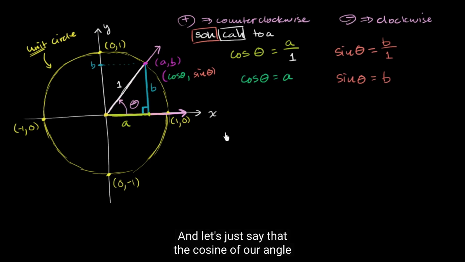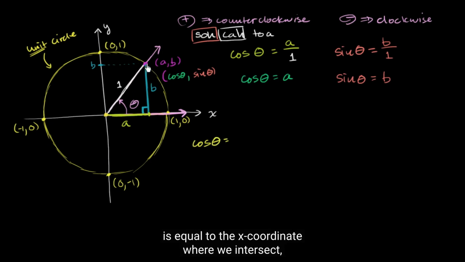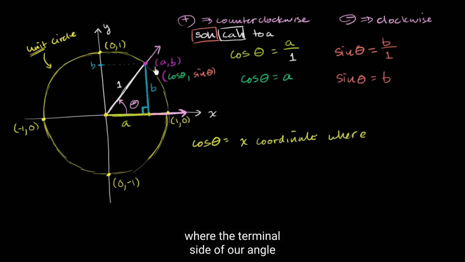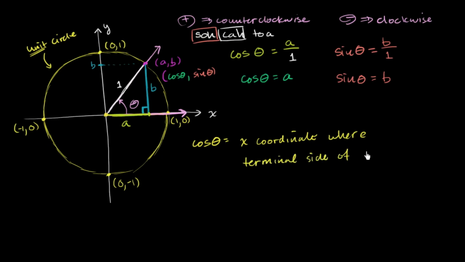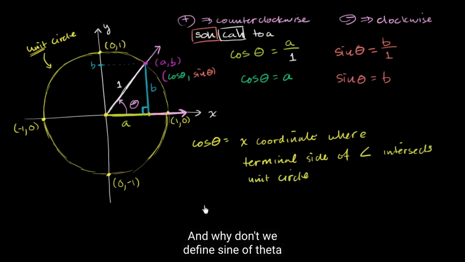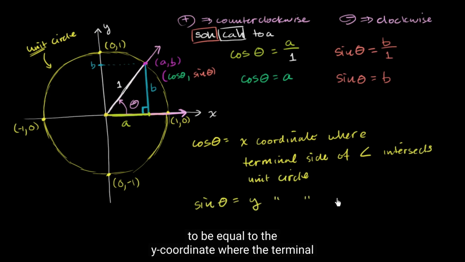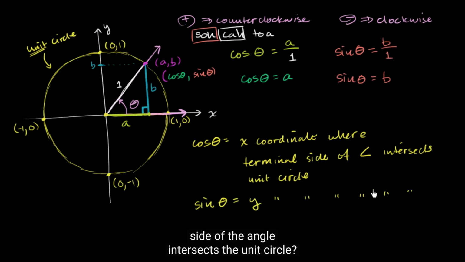And let's just say that the cosine of our angle is equal to the x-coordinate where the terminal side of the angle intersects the unit circle. And why don't we define sine of theta to be equal to the y-coordinate where the terminal side of the angle intersects the unit circle. So essentially, for any angle, this point is going to define cosine of theta and sine of theta.